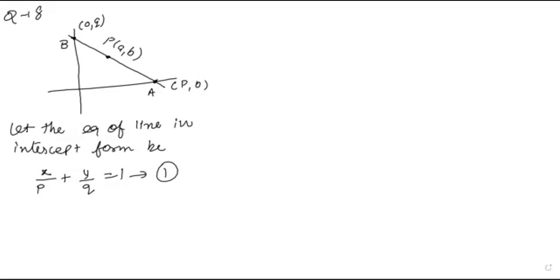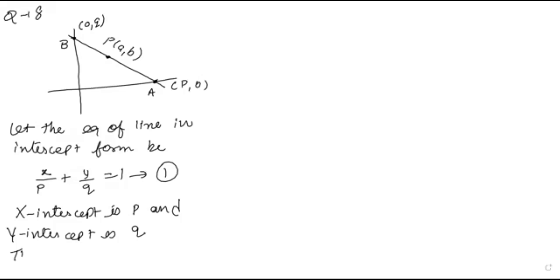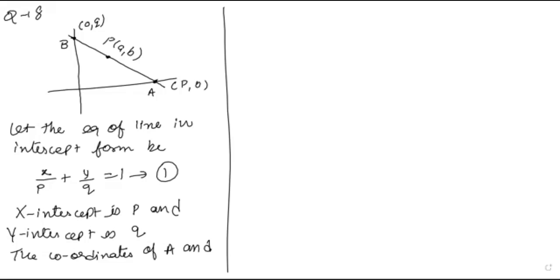Now, as my x intercept is p and y intercept is q, the coordinates of A and B will be (p, 0) and (0, q) respectively.